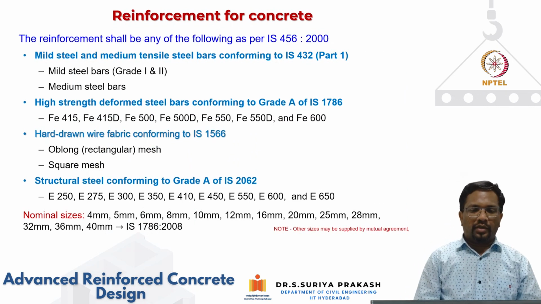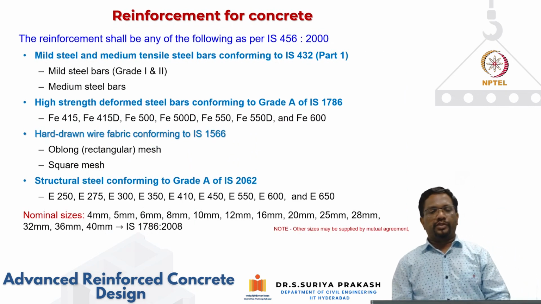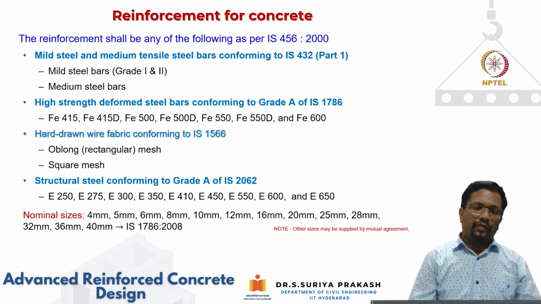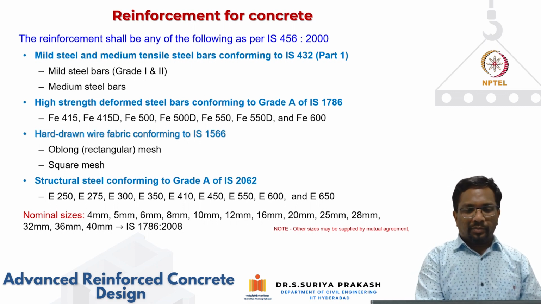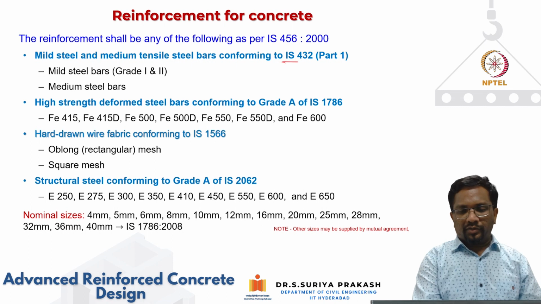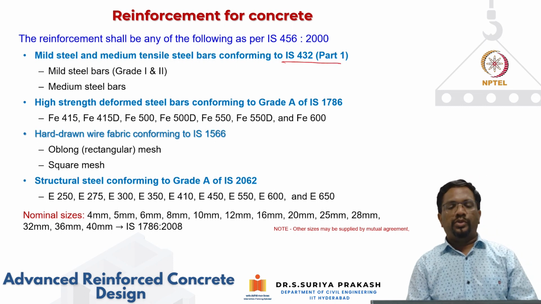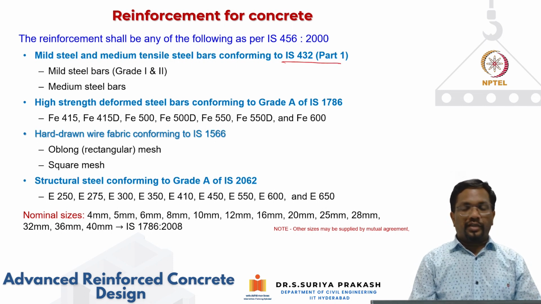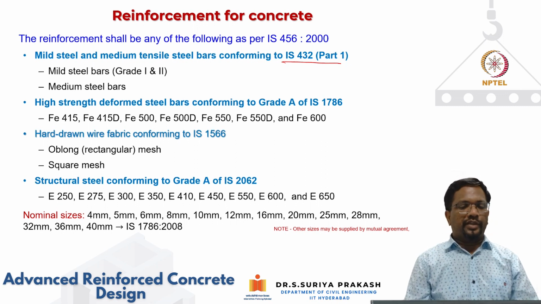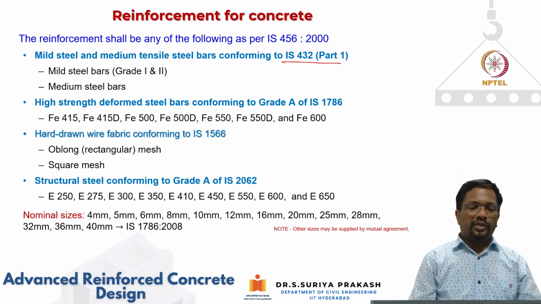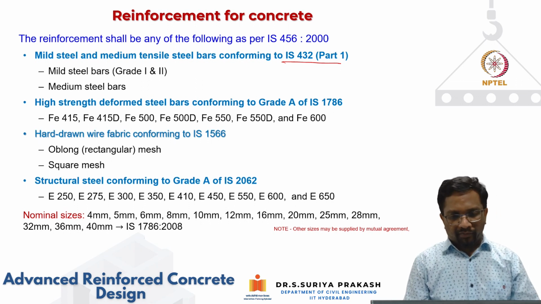If you look at IS 456 2000, it permits using any of these listed steel types. The first one is mild steel and medium tensile bars corresponding to IS 432, which gives specifications for mild steel bars. They have two grades, grade 1 and 2, and there are also medium steel bars.